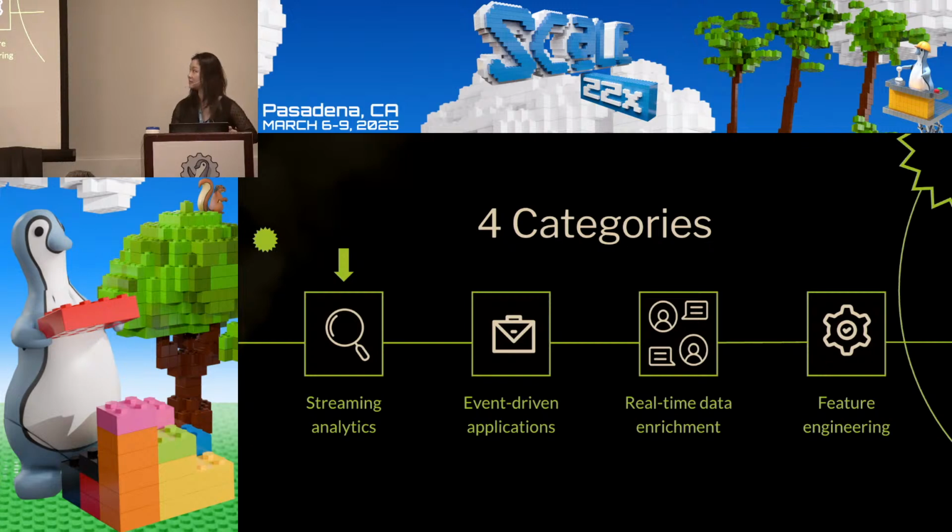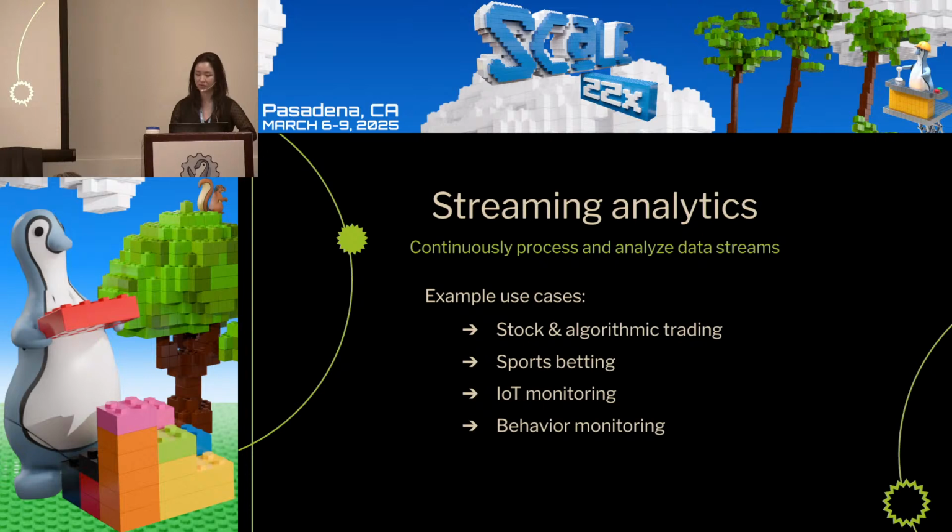All right, so let's start with streaming analytics. This is usually when you have high velocity data streams and you want to continuously process and analyze that data for instant insights. And this is probably most applicable in stock trading and algorithmic trading. Financial markets are generating an enormous amount of data every single second.